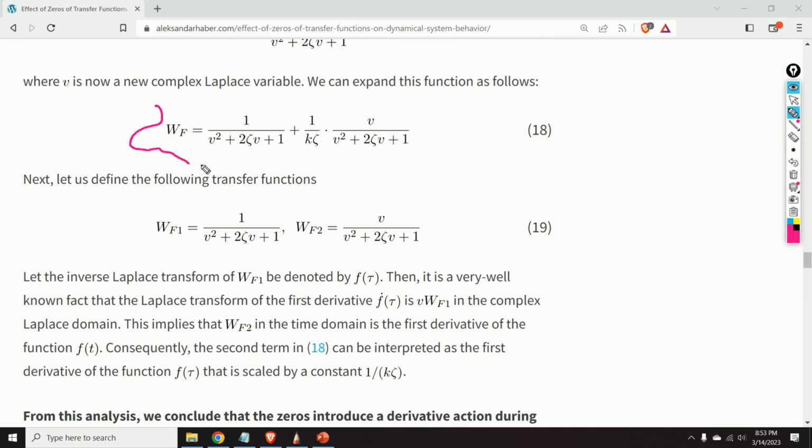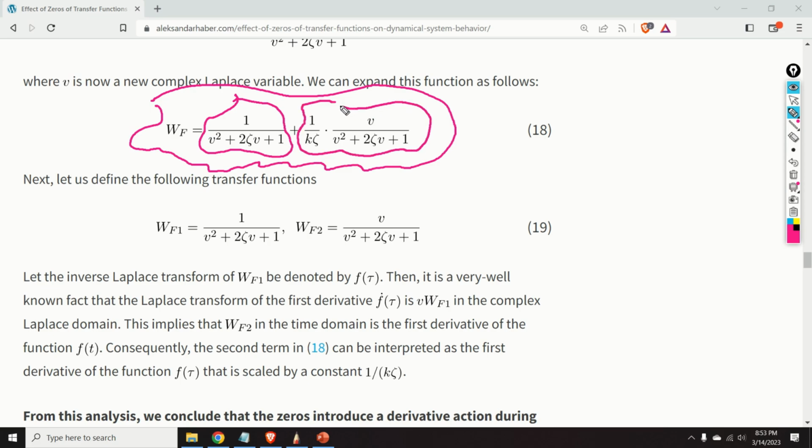Equation number 18 has two parts. The first part corresponds to the system without zero, and the second part basically comes from adding a zero to the system. And we can distinguish two transfer functions, WF1 and WF2.